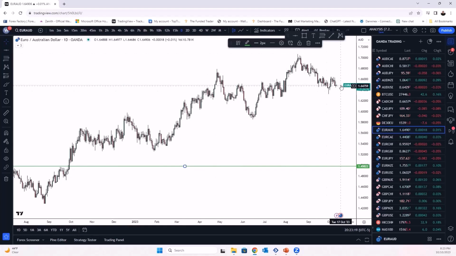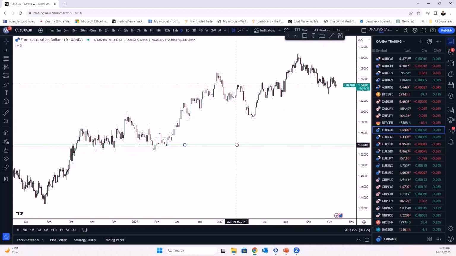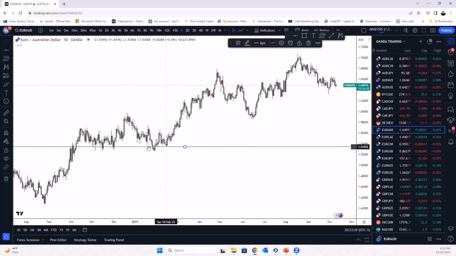And then wherever price action is, you're going to drag that to a point where you see clear rejections. So I see rejections here. So this is clear level of support. Now it's far away from price action, so I really don't care about that. But just for this exercise, just do that.